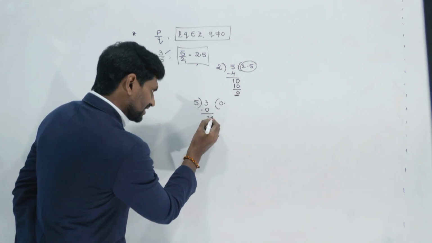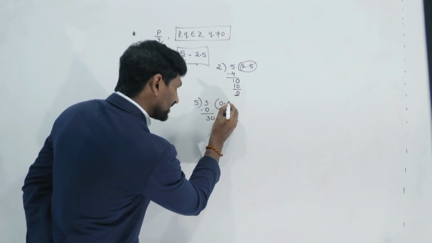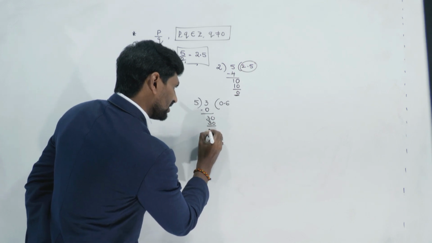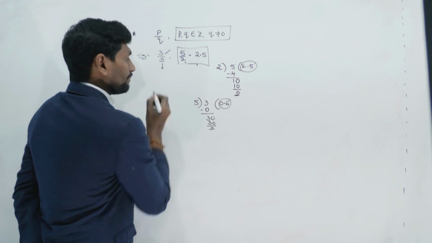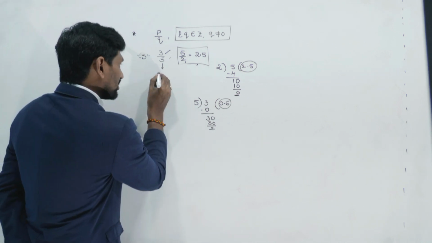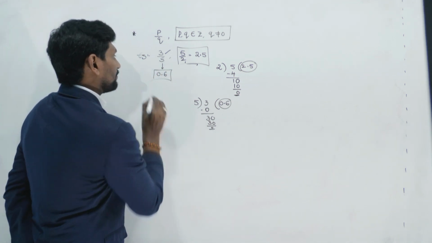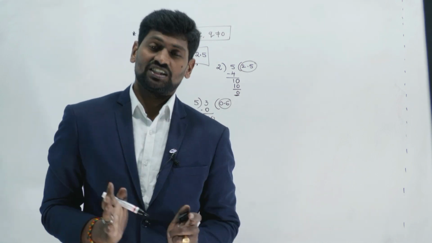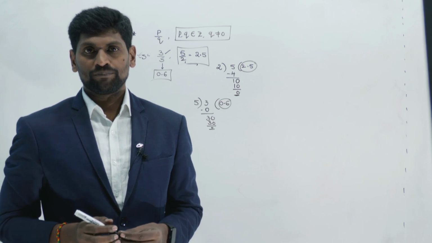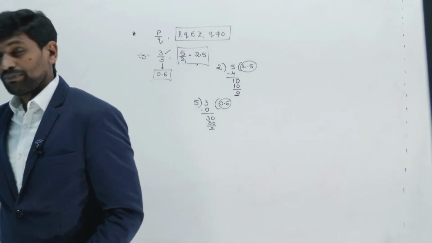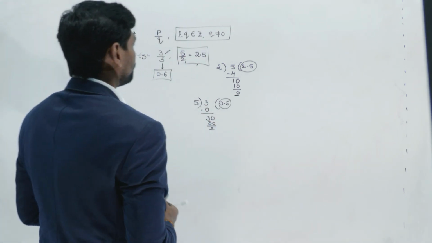Put point and take 0. 5 table 30, 6 times. That means 0.6. So the 3 by 5 value is nothing but 0.6. That means if you take any rational number, we can express it in the form of decimal. Let me take one more example.